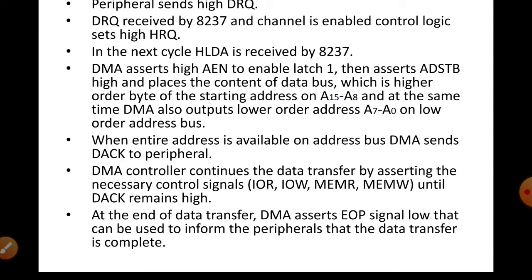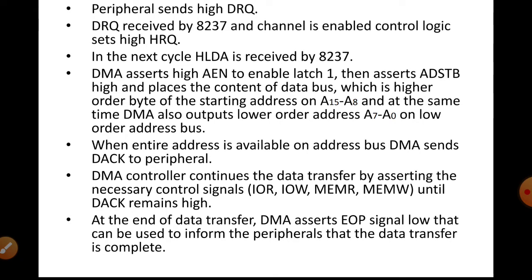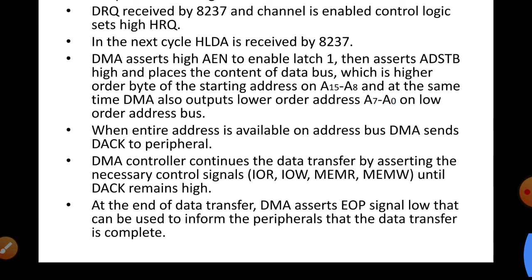As I showed you, there are two latches being used. And then after that it asserts ADSTB high, the second signal, and places the content of the data bus, which is the higher order byte of the starting address, on A15 to A8, and at the same time DMA also outputs the lower address on A7 to A0, as the lower order address bus.